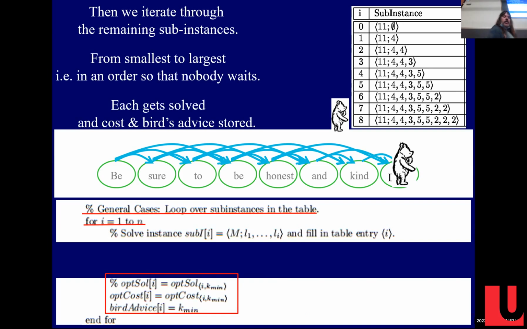Our goal is to solve this one, and you'll note there's a big blue in the middle where we actually do this. But at the bottom of the loop, we commented out storing the solution, but we store the cost and the bird's advice. Everybody? That was just so that you can see what this loop is doing.